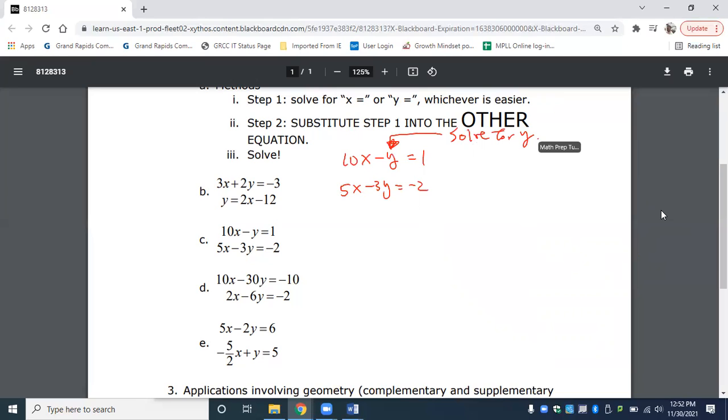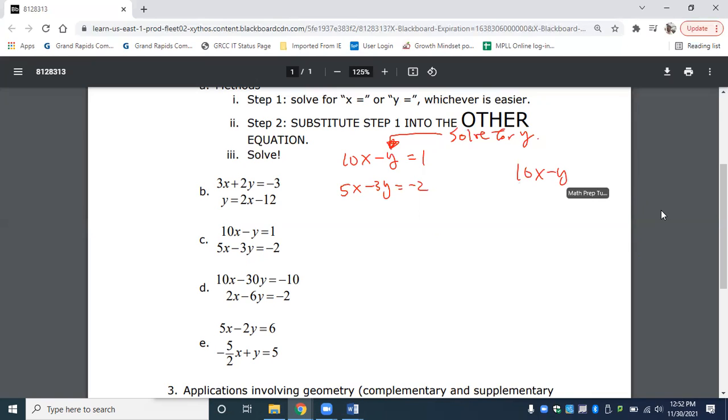You're more than welcome to solve for x, or solve for x and y from the other equation. But mind you that we're trying to avoid fractions if we can. With the choice we made here with the minus y, I don't have to divide by any number in the front.